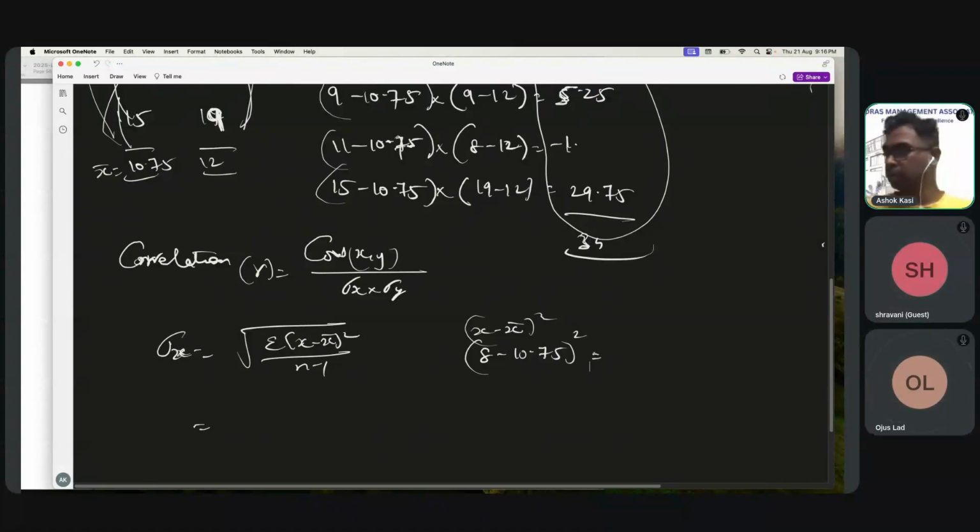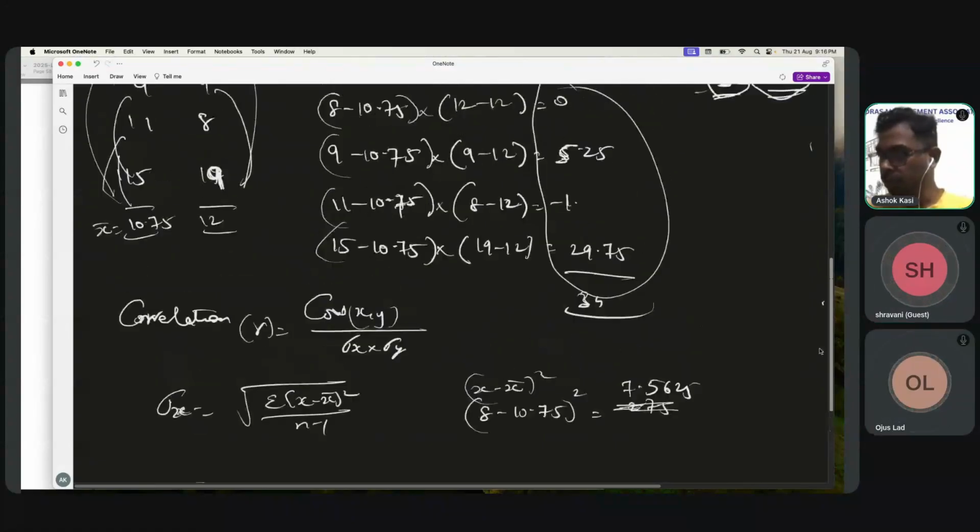Just calculate this. Minus 2.75, the whole square, will be 7.5625. The minus sign will go away.